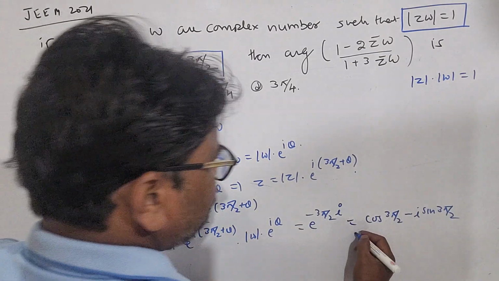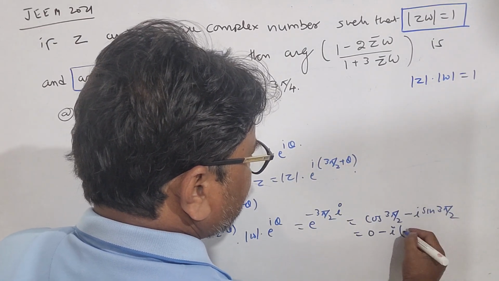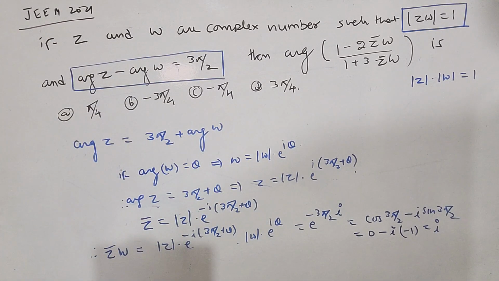Cos 3 pi by 2 is 0, so this is minus iota times sin 3 pi by 2, and sin 3 pi by 2 is minus 1, so this is iota. Z conjugate into W is coming to be iota. Now the question is solved.